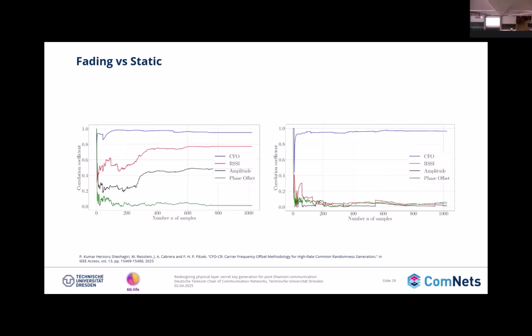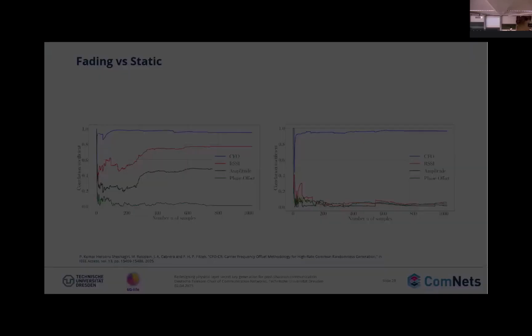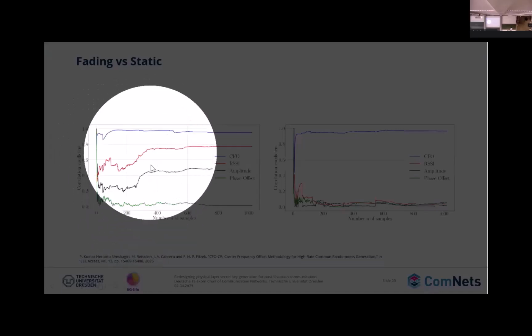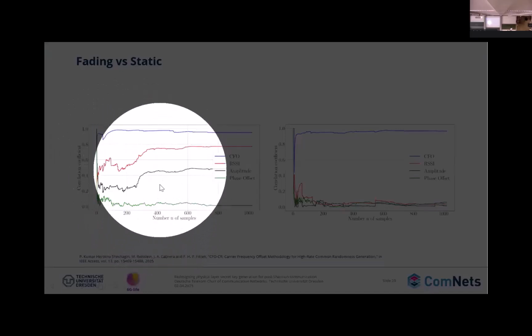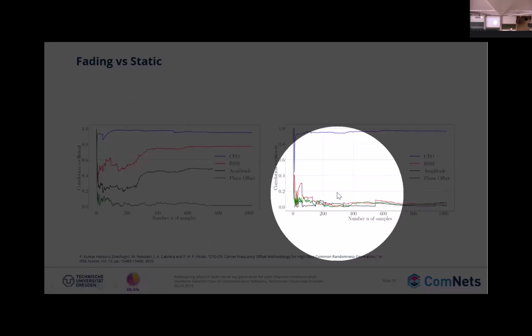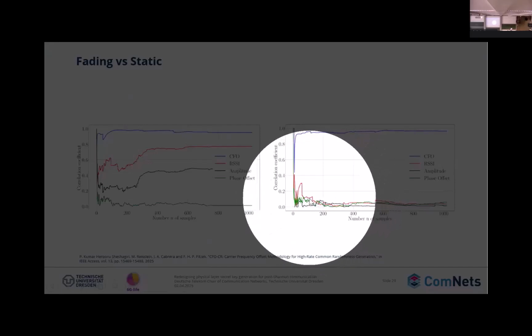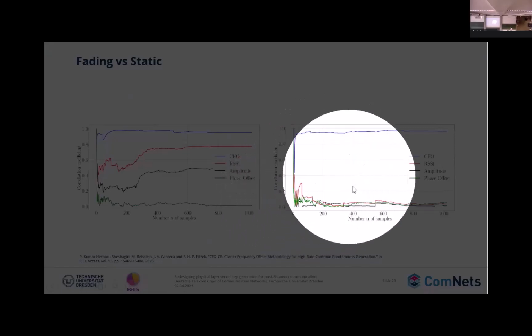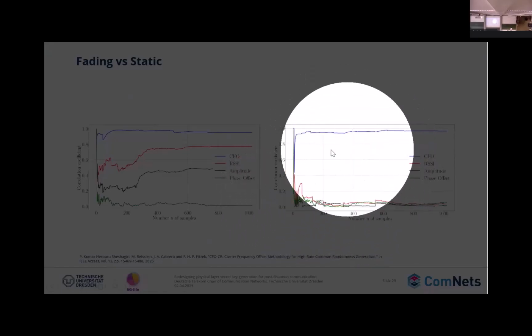For the fading part, for the movement part, on the left side, we introduced certain movement here. And here, this is a static channel. So here, we just did nothing. We just kept the hardware and then we ran the program, and nobody was in the lab, and that's how I got this result.